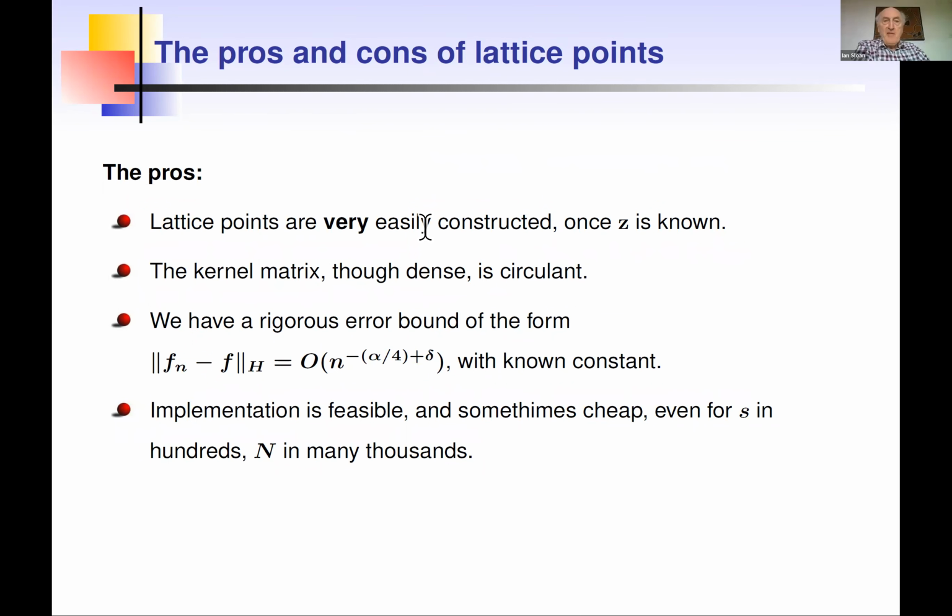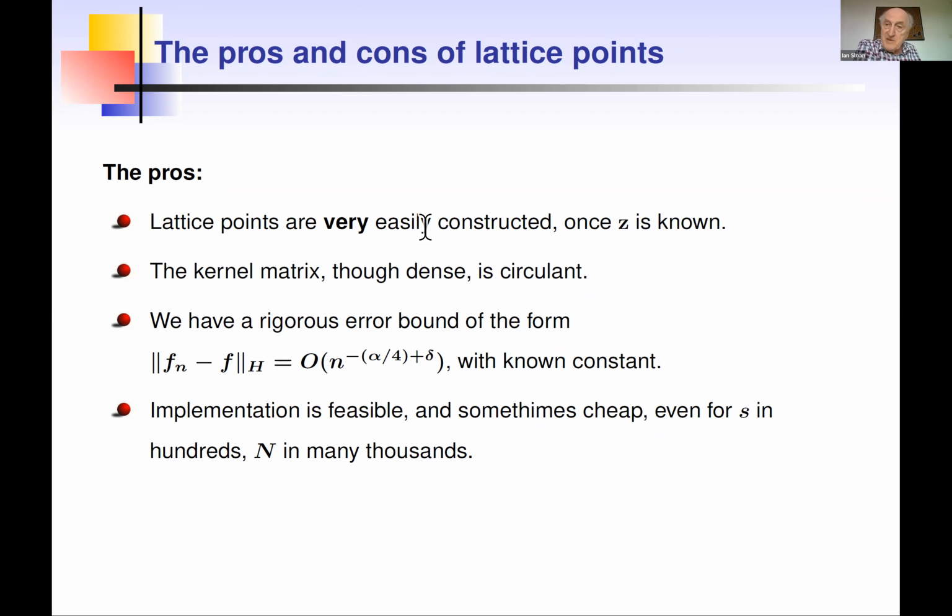But let me now put together the pros and cons of lattice points. The first thing I perhaps should have said when writing down the formula for lattice points is they're extremely easily constructed. In high dimensions, think of hundreds of dimensions, and n in the millions perhaps, it's very easy to construct, much easier than all the points of a uniform rectangular array. Second, as I've said before, the kernel matrix, though dense, is circulant.